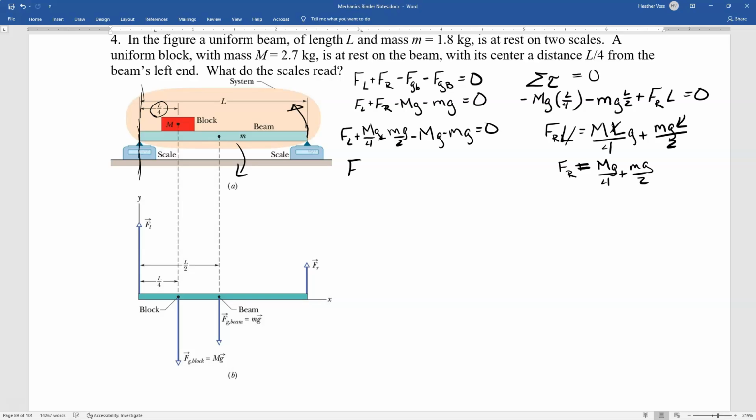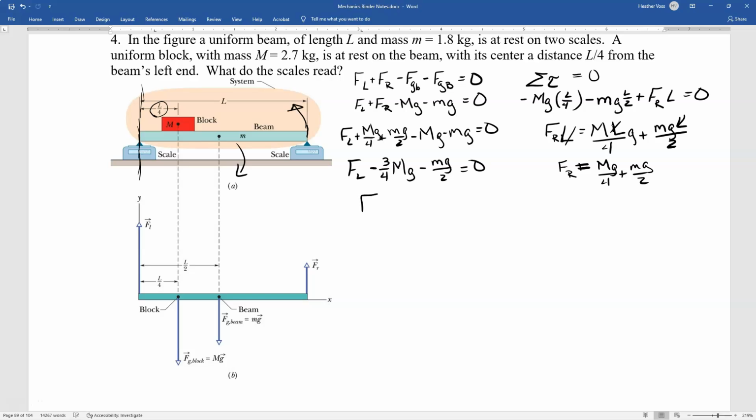So if I combine common fractions here, for the big mg term, that's going to be a positive quarter minus 1, so negative 3/4 big mg. I've got positive 1/2 minus 1, so minus little mg over 2.